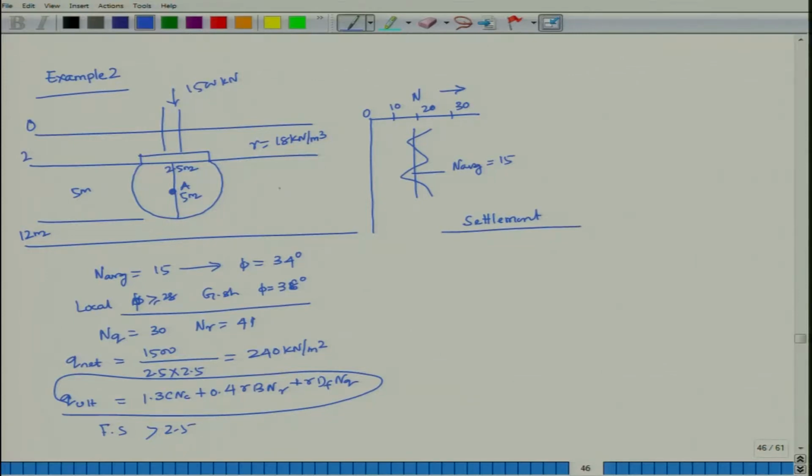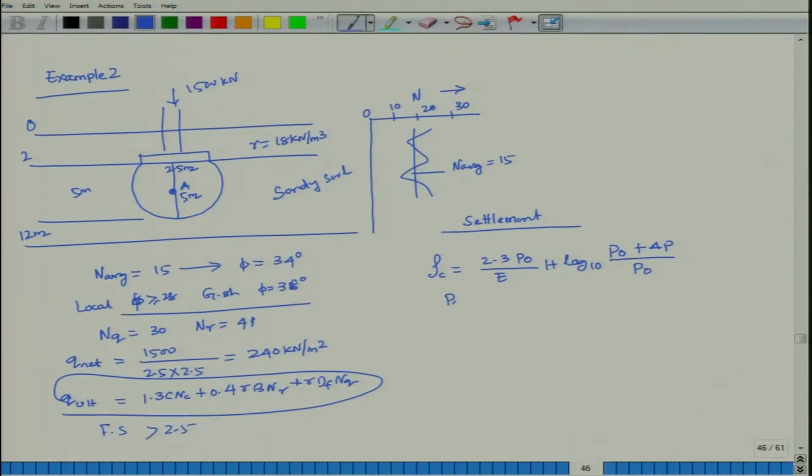Because this is a sandy soil, for sandy soil what is your settlement, consolidation settlement? 2.3 P0 by E H log 10 of P0 plus delta P by P0.